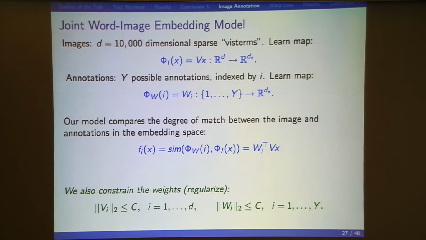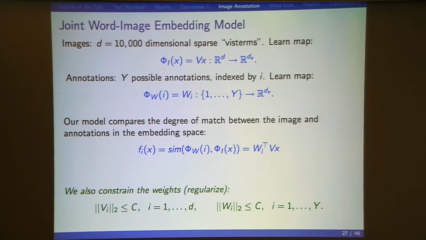So I think I pretty much talked about everything here. It's the same model as before, but I've just written it differently. One thing to keep in mind is that the embedding matrices you're learning, V and W, you might need to constrain them to have some maximal norm.